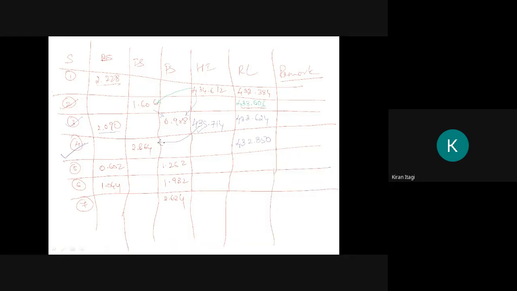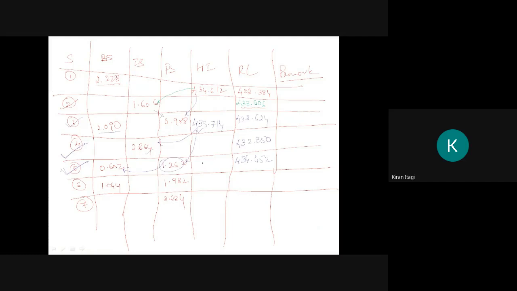Now we have finished with this reading. The next reading is what? It is 1.262. So 435.714 minus 1.262. We will get the RL of station number 5, that is 434.452. Okay. Now, after this reading, what is the very next reading? It is the backsight.